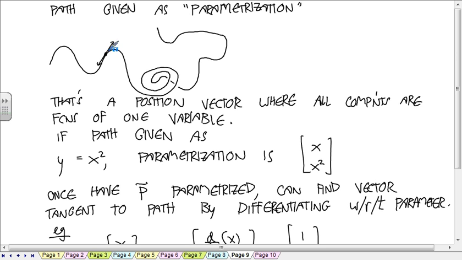So if you change the value of the parameter, whether it's x or s or whatever, it moves you along this graph. So if increasing the parameter takes you this way, then that's the direction of the increasing parameter. If increasing it takes you this way, then that's the direction of the increasing parameter.